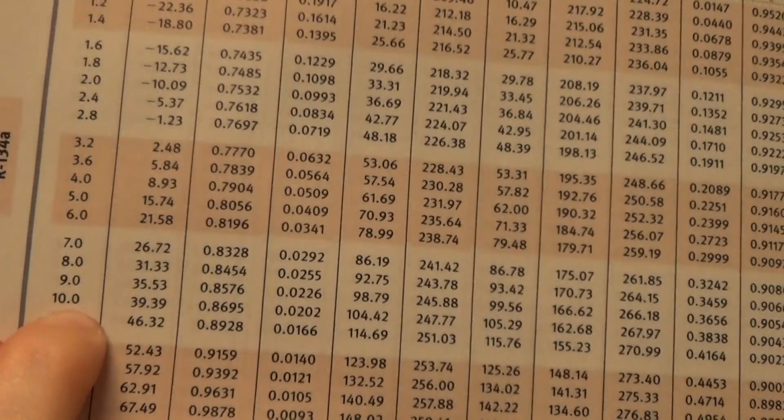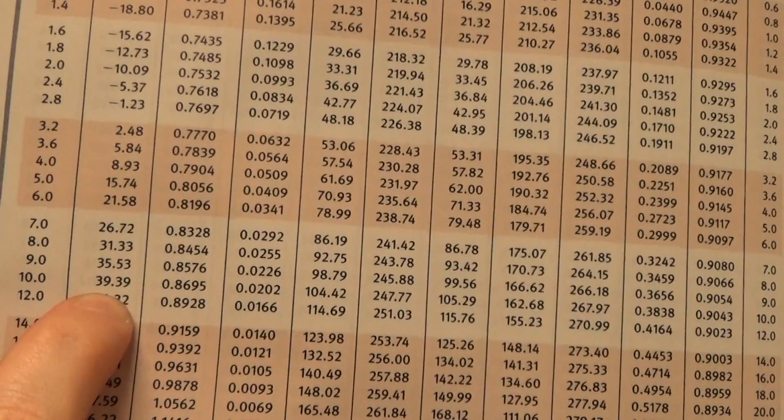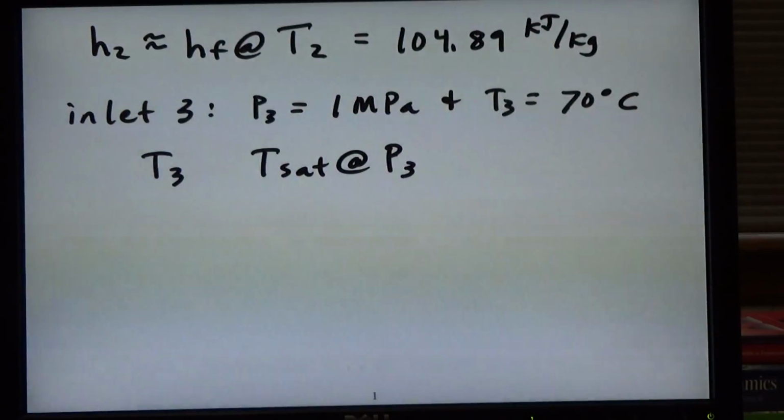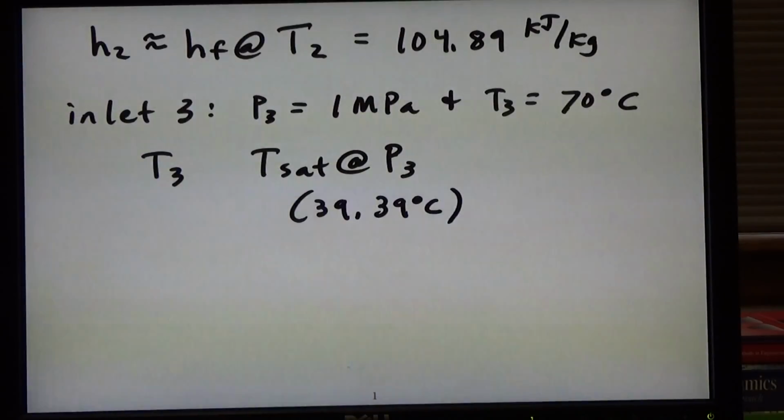So here we see at 10 bar that the saturation temperature of refrigerant is 39.39 degrees Celsius. In this case, T3 is 70, it's higher than that saturation temperature, so indeed we do have a superheated refrigerant at the inlet to the condenser.